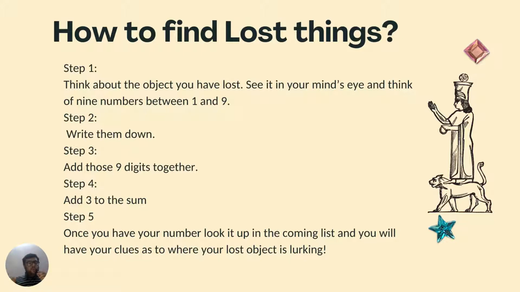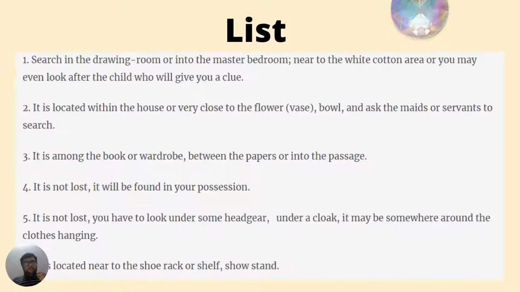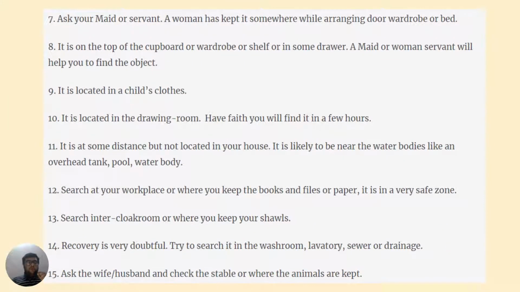Now you have to look up the number 12 in the list. It is given in the later section of this video. Like you have this list. So you have to look up that number in that list, and you will get some hints where your lost object is placed. So our number was number 12.